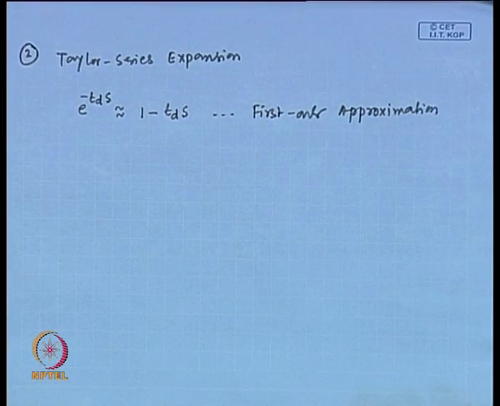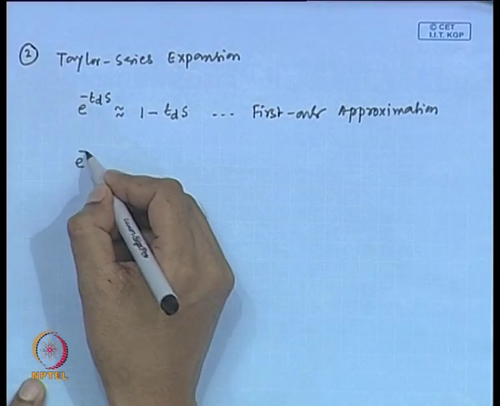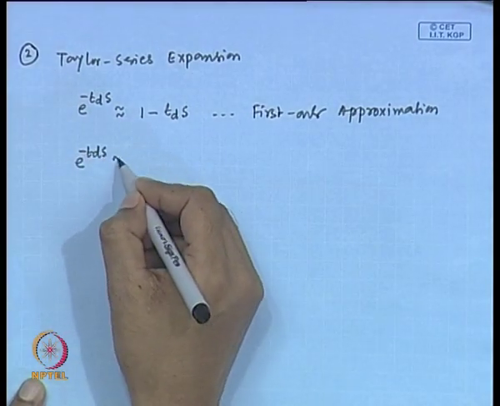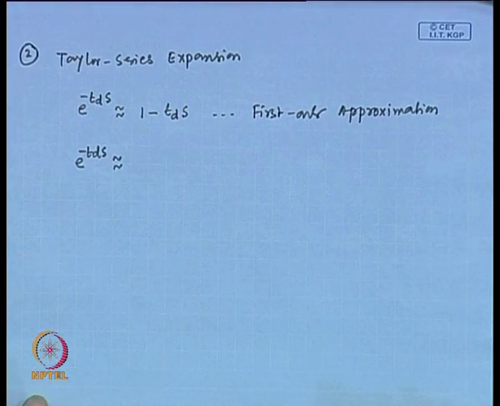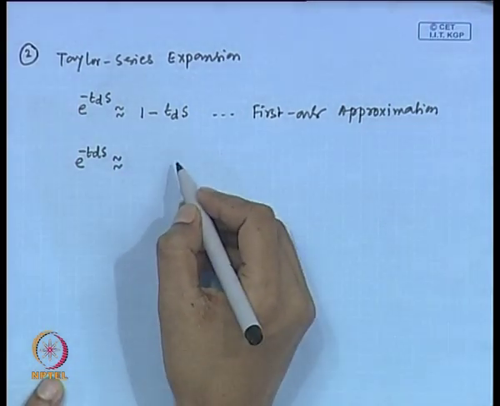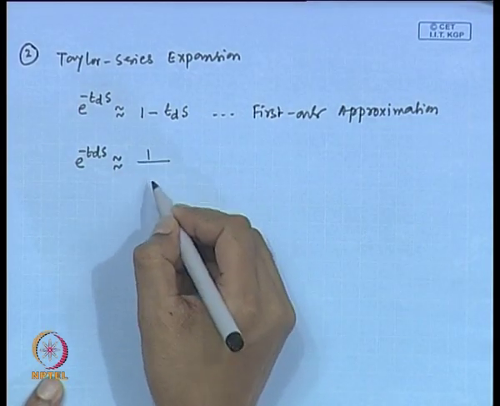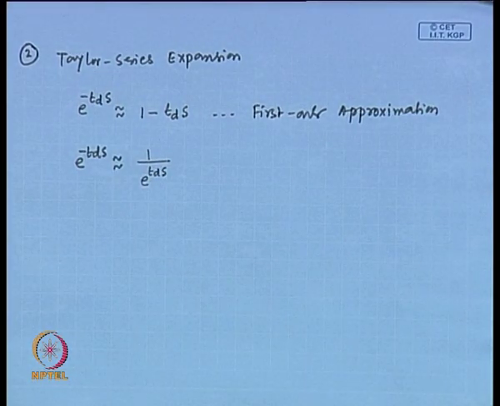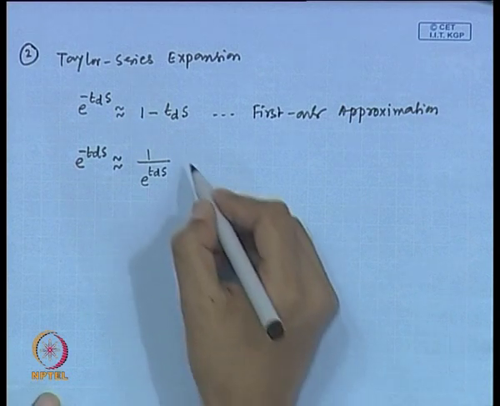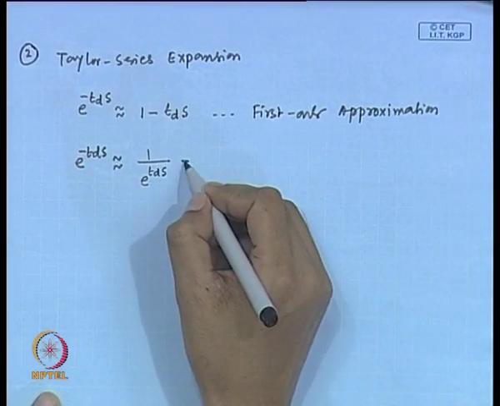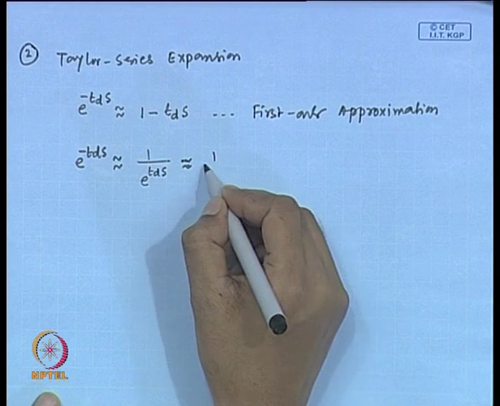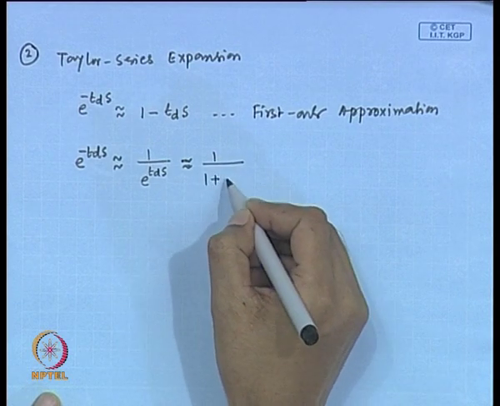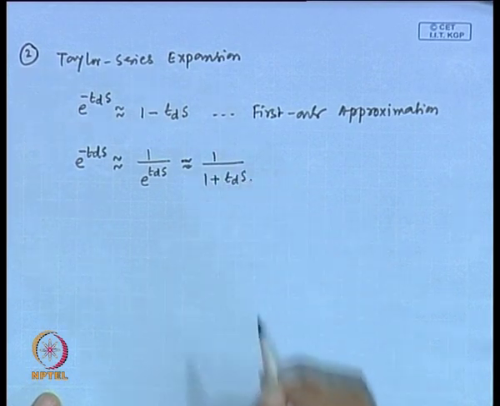It has another form, the Taylor method. By using Taylor method, we can write this as 1 by exponential of TDS, which is equal to 1 divided by 1 plus TDS.